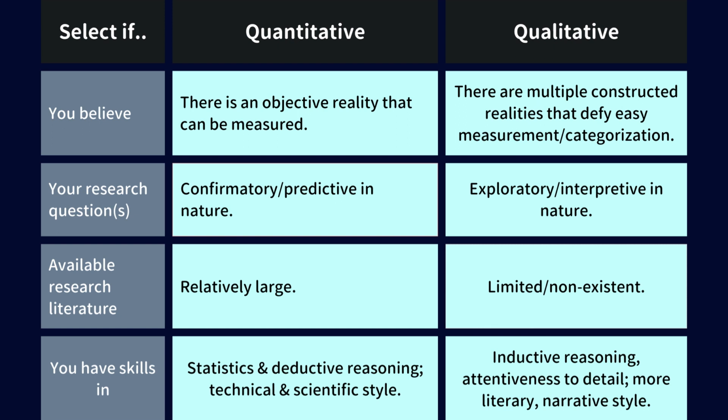It means that qualitative researchers believe that there are multiple constructed realities that defy easy measurement or categorization. So it is based on the interpretation of the social scientists. It is very unique, and it is very based on that particular researcher.